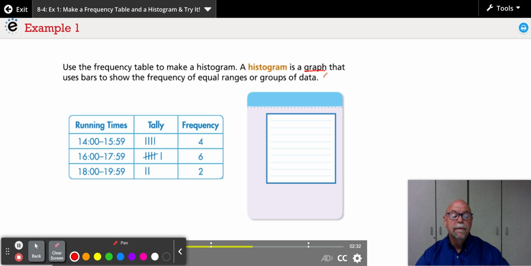It's a visual representation of the data. You can look at it very quickly and get a sense of the information. And then it is equal ranges, and they made this point earlier when they were talking about each of these running times being grouped by 2 minutes. The ranges will be down here in 2-minute intervals, and they'll match these times. And then the frequency along the vertical.